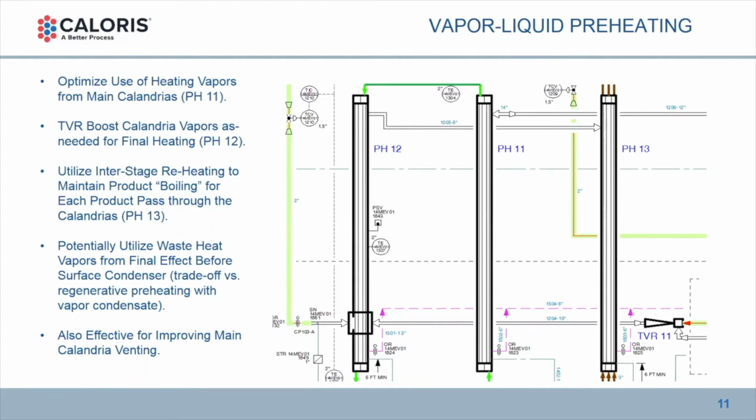Well, there can be a trade-off between regenerative heating versus the vapor condensate coming off the evaporator. And it's typically either or: preheating versus condensate or waste heat condenser, because we're dealing with relatively the same heat source temperature. And so it's difficult to extract that energy twice.